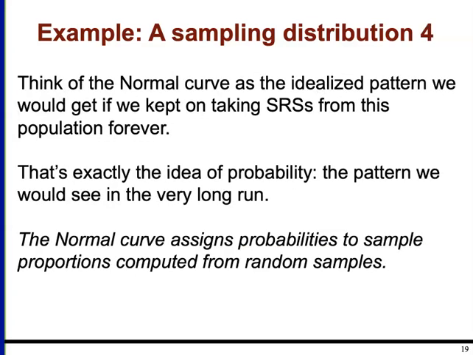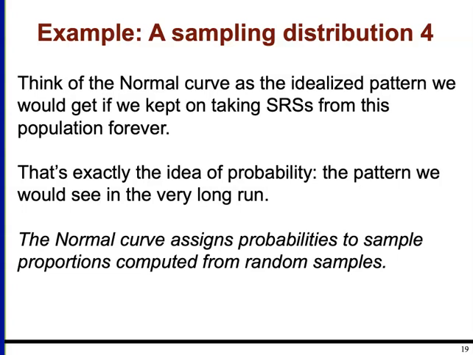Now, the normal curve is ultimately this idealized version of what would happen if we could take lots and lots of simple random samples. Pretty much what would happen if we did this forever. Because think about probability. That's the pattern we see in the long run, and that would explain why we should be thinking of this normal curve as coming from an infinite number of samples.